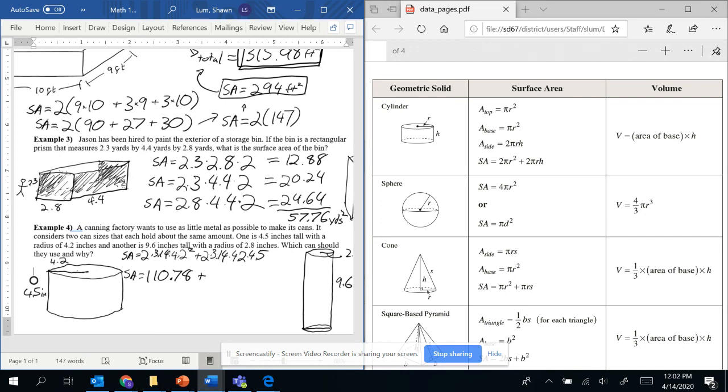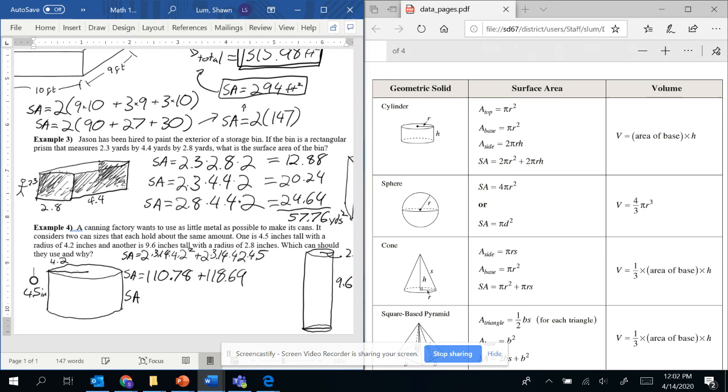So it's going to be 2 times 3.14 times r, which is 4.2, times our height, which is 4.5. Okay, and I get 118.69.